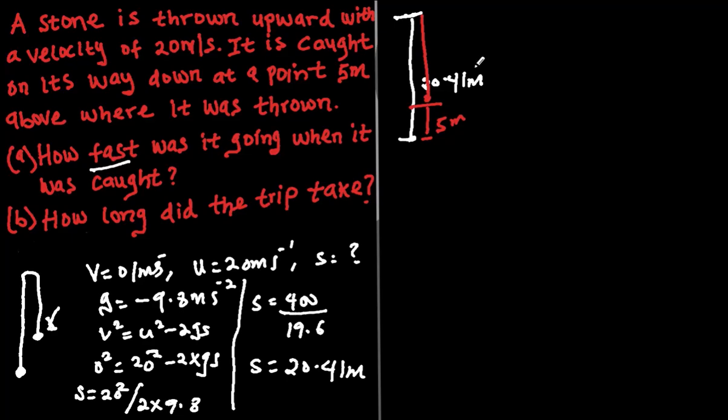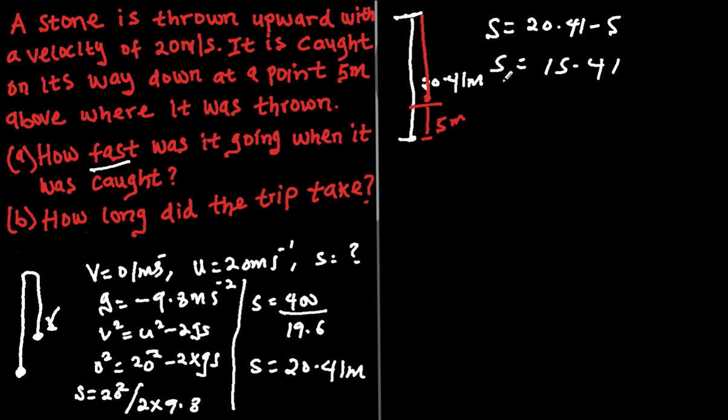That means coming downward, this stone must have been caught at point 20.41 minus 5, which is going to give us 15.41. So the distance this object has traveled downward when it was caught is 15.41 meters.